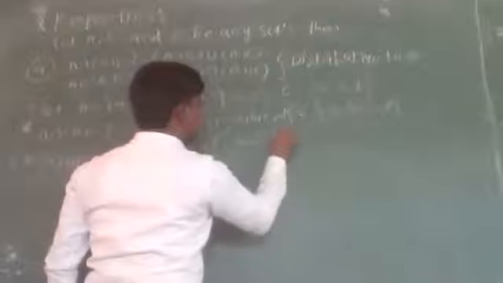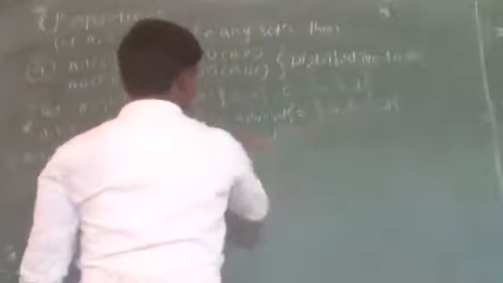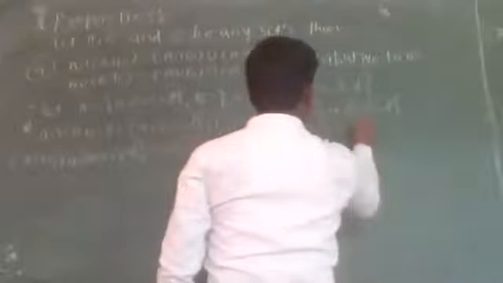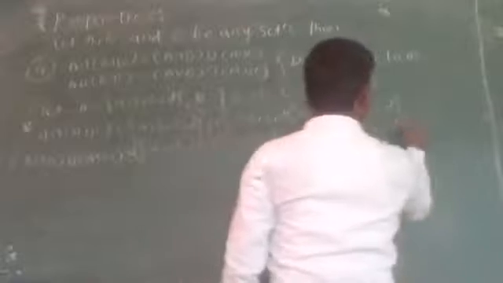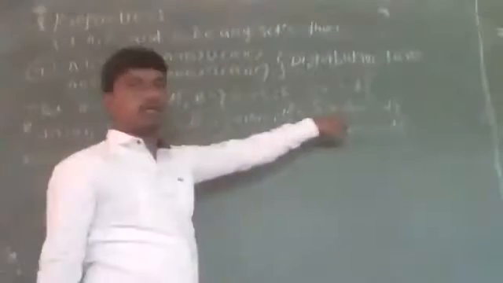Then the intersection contains three elements A, B, and D. And the union is A, B, C. Therefore, as the right hand side will be equal, then the left hand side must be equal. Then the first one is true.